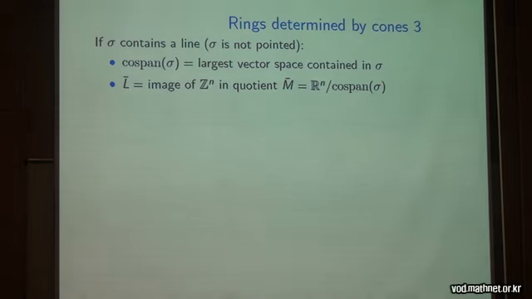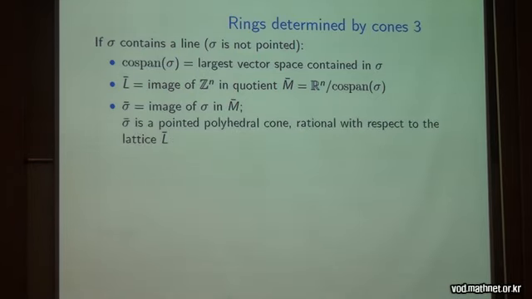Okay, and again, this is a construction familiar from toric geometry. I have the image L bar, that's the image of Zn in this quotient, that is still a lattice. Sigma bar is the image of the cone in that quotient. And now the thing is, of course, that sigma bar is actually a pointed polyhedral cone in that quotient, and it is rational with respect to this image lattice L bar. Okay?